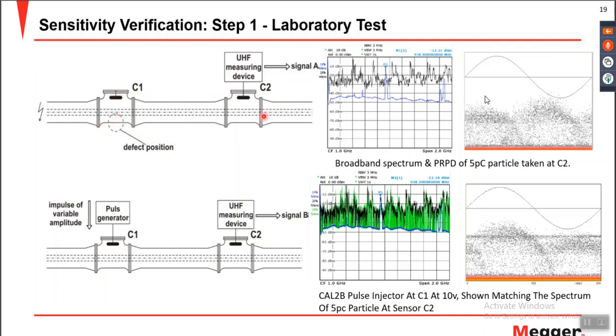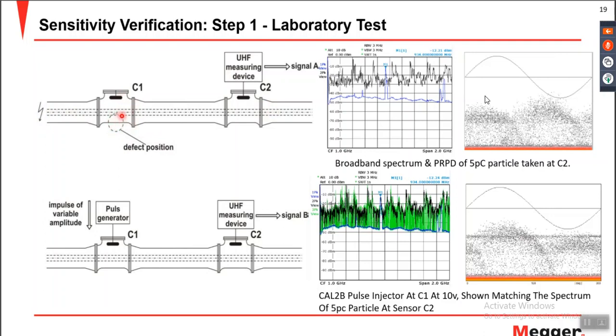This test setup is calibrated by means of an IEC 60270 conventional measurement, and then voltage is applied to the GIS by a high voltage source until this defect generates 5 pC discharges, which can be measured in the IEC 60270 test setup.